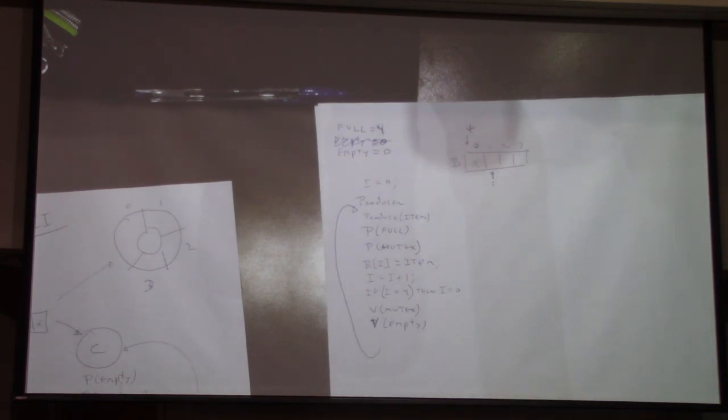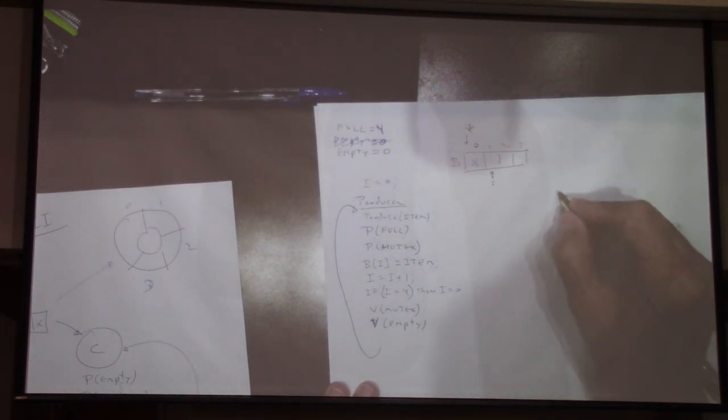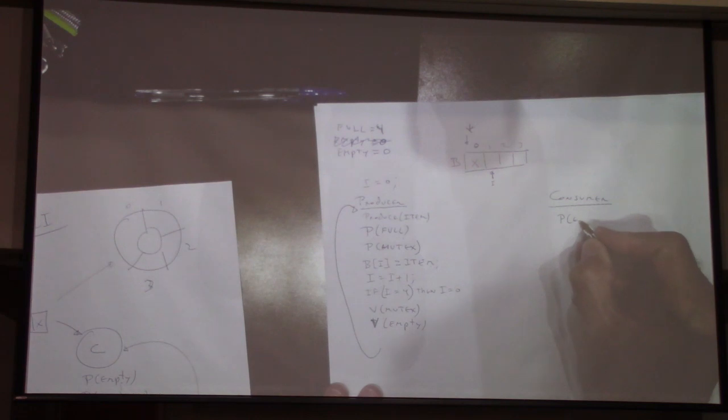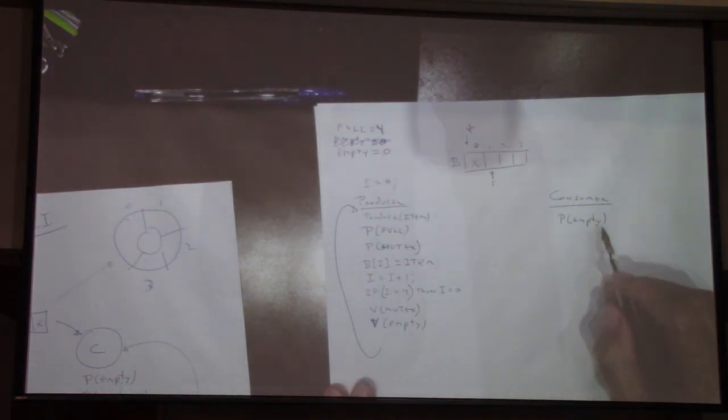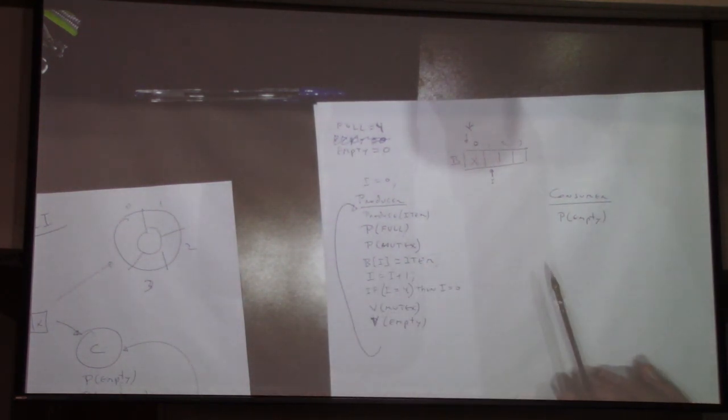And then on the other side, we have the consumer. The consumer is going to apply a P operation on empty. If empty is initially 0, and we don't know which one of those two processes the OS is going to dispatch. Because the operating system applies a scheduling algorithm, the one with the highest priority will get the CPU.